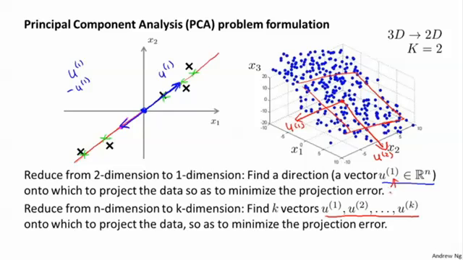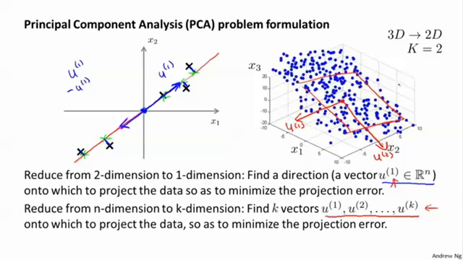So we're finding a k-dimensional surface, really a 2D plane in this case, shown in this figure, where we can define the position of a point in the plane using k directions. And that's why for PCA we want to find k vectors onto which to project the data. More formally, in PCA, we want to find a way to project the data so as to minimize the projection distance, which is the distance between the points and their projections.